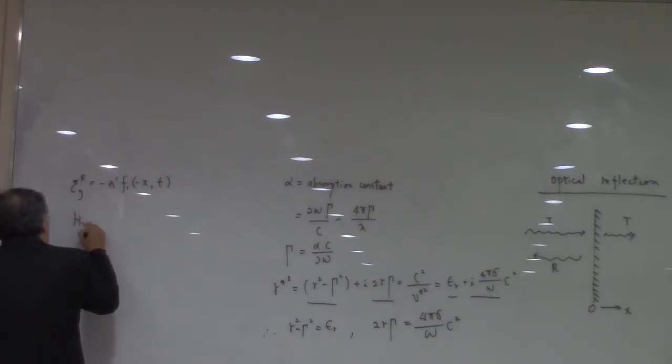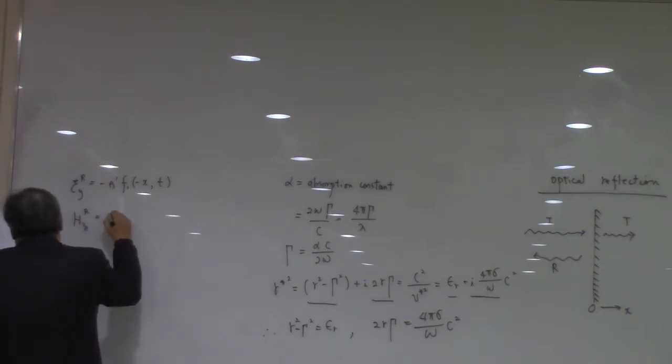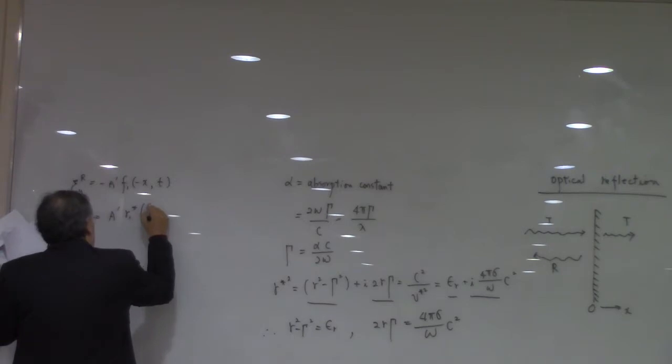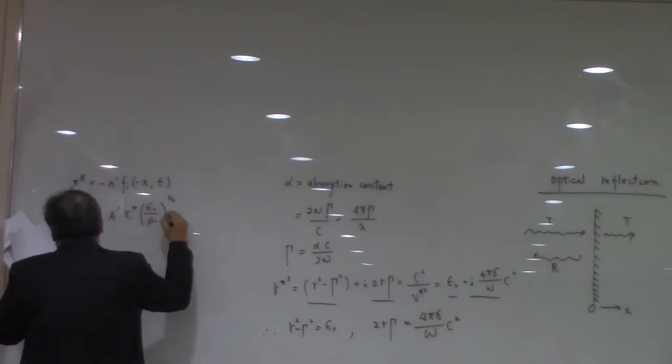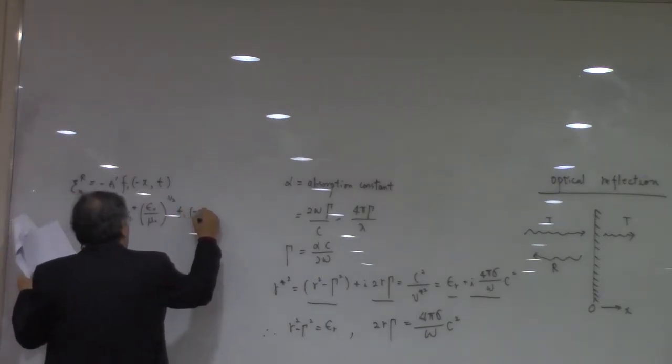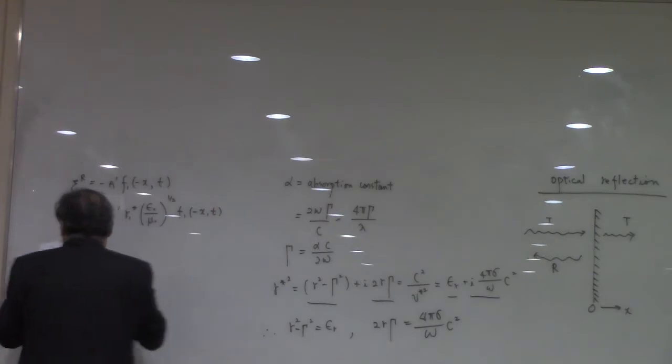And for the magnetic wave, we can write down A prime R1 star over mu naught square root, and F1 of minus x and t.